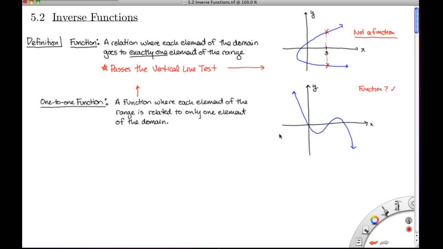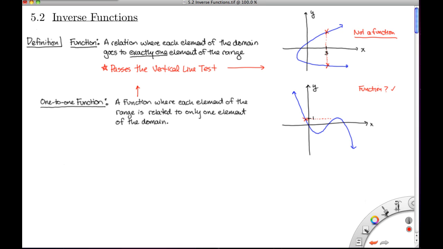Now, is this a one-to-one function? Well, let's pick a y value. Let's say we went here on this. Let's say this is y equals 1. So for that y value, how many x coordinates are associated with it? Well, let's see. Over here, when y is equal to 1, there's an x value.